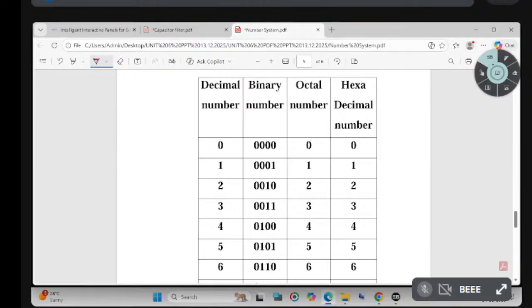Standard is standard. Decimal number 6, octa number 6, and in hexa also 6. But in binary, what is the value? 0110.